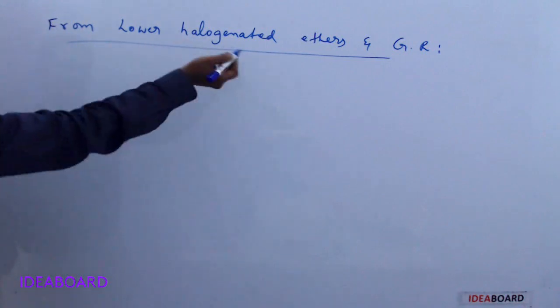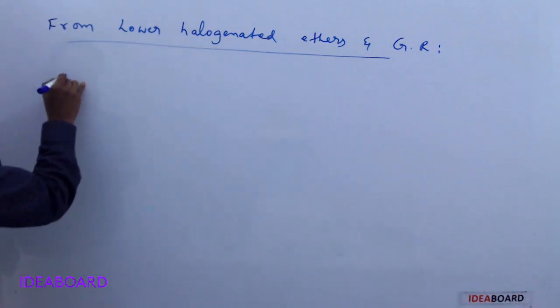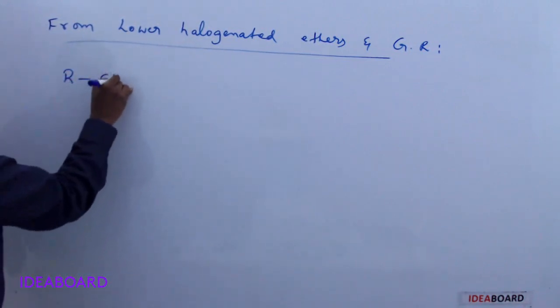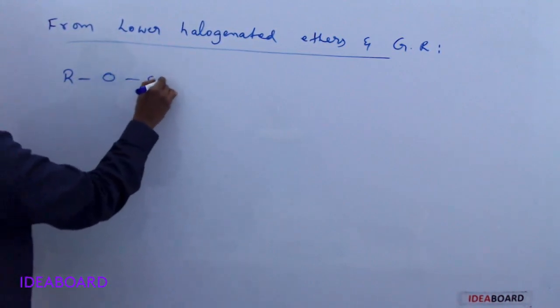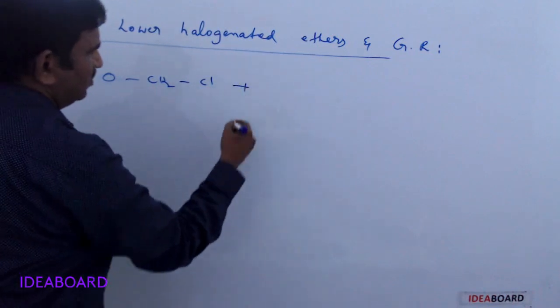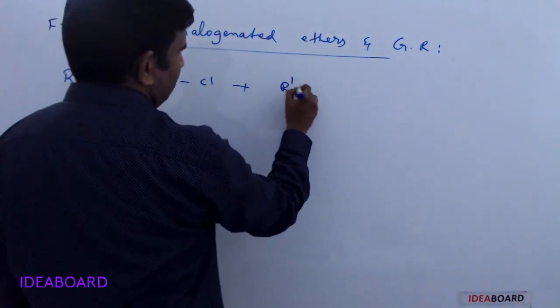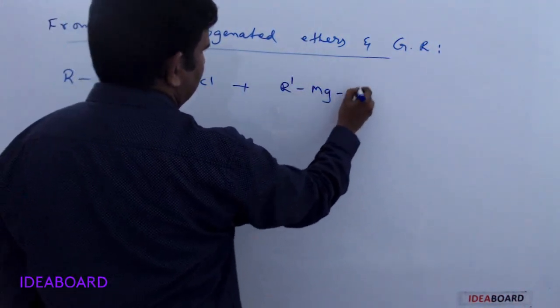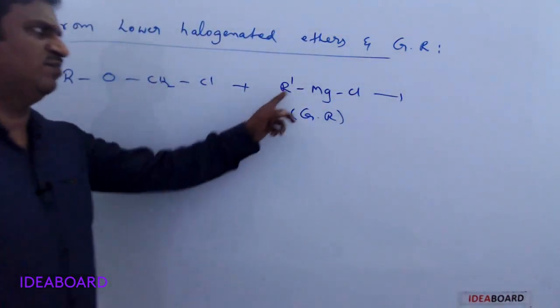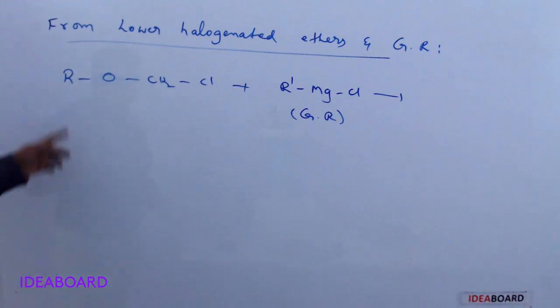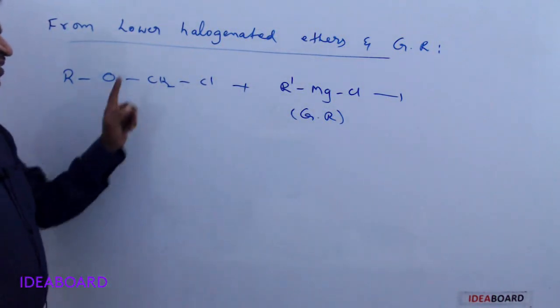Next one, from lower halogenated ethers and Grignard reagent. Suppose ROCH2Cl is present. It is reacting with R'MgCl. R'MgCl is a Grignard reagent, an alkyl magnesium halide, and ROCH2Cl is a lower halogenated ether.